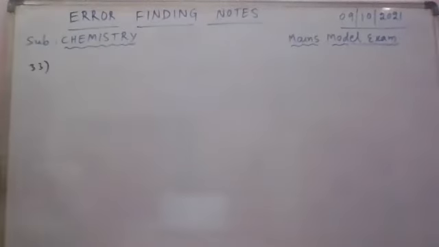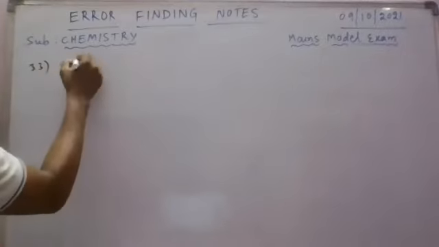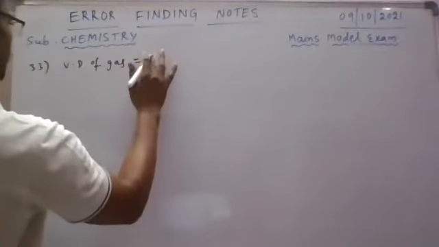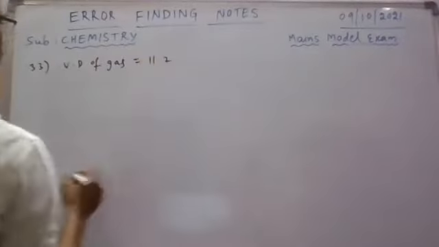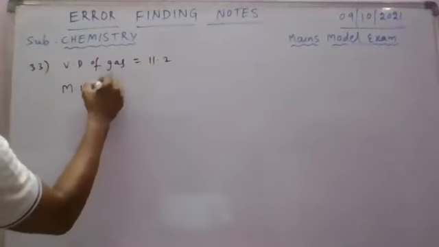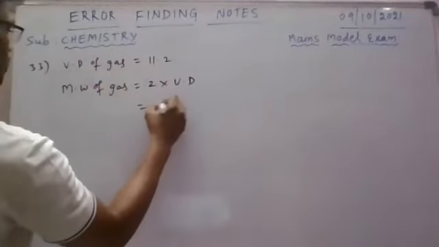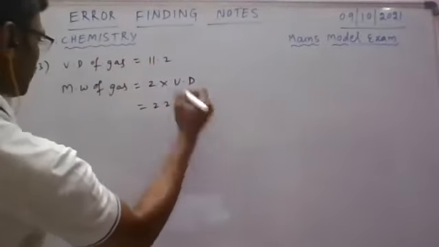Question number 33. Here the vapor density of a gas is given as 11.2. From this you get the molecular weight of the gas, 2 into vapor density, that is equal to 22.4 grams.